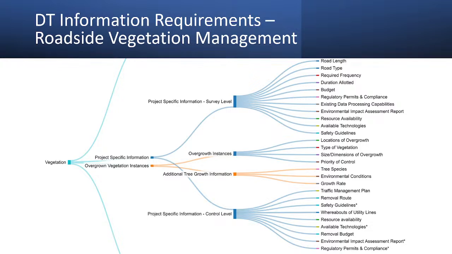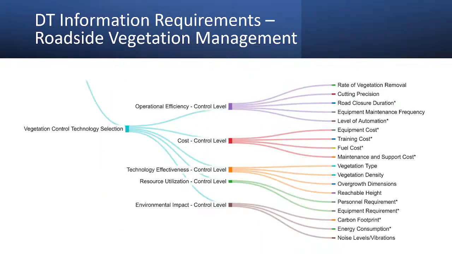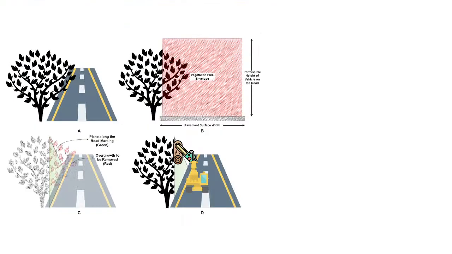For example, we need what type of vegetation is there, what is the location of overgrowth, what is the size and dimension of overgrowth, and maybe also the growth rate in some cases, and multiple other project data. And finally, the control strategy also needs what type of cost will be there, what is the environment impact, etc. So you see that just a small BPMN is not sufficient. There is a lot more information that could be gathered and sought.